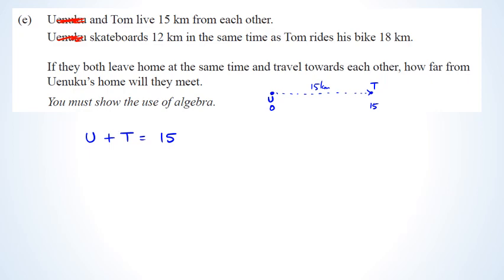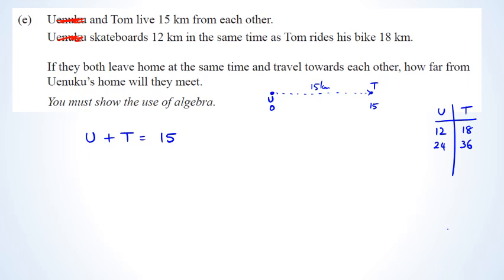Now the second part is this. It says that Mr. U skateboards 12k in the same time as Tom rides his bike 18k. So I can create a little table. If Mr. U skateboards 12, Tom rides his bike 18. If he does 24, this would be 36.